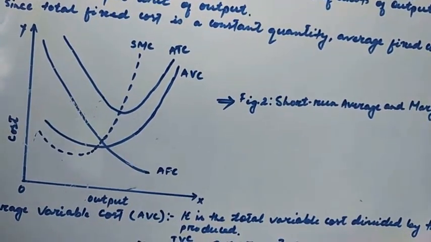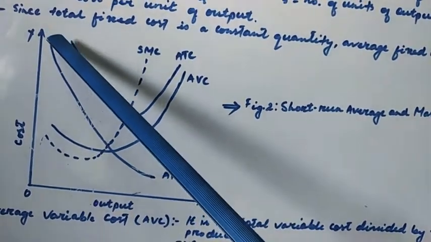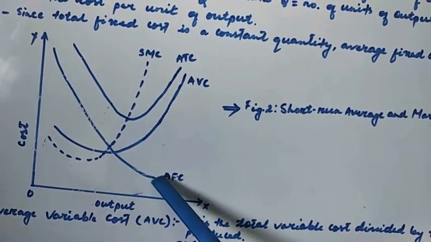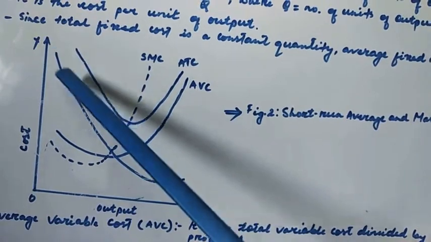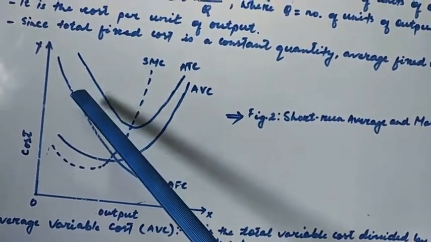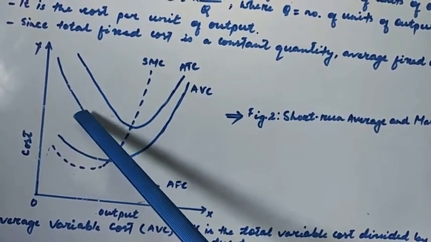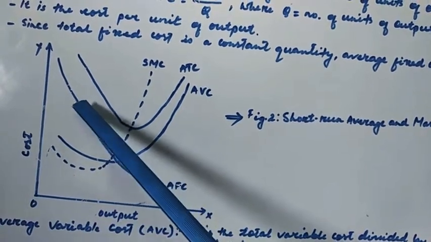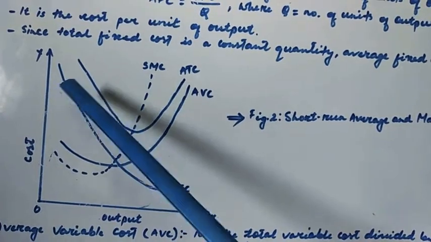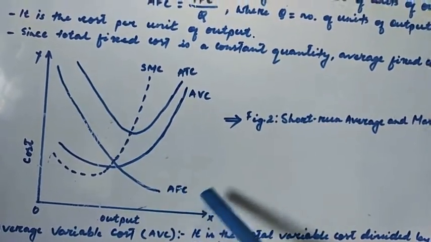A curve with such a property is called a rectangular hyperbola. Any curve that possesses that kind of property is called a rectangular hyperbola.